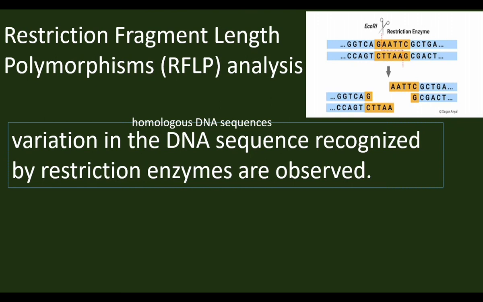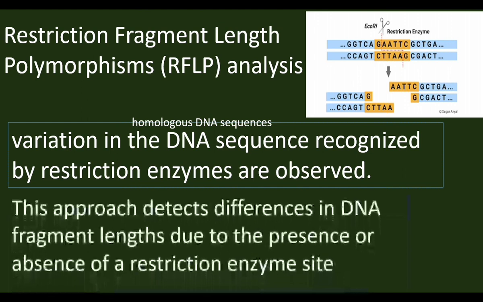If the restriction enzyme recognizes the sequence, the DNA will be cut, so the length will be changed. If the restriction enzyme does not recognize the DNA sequence, the DNA will not be cut. This approach detects differences in the DNA fragment length due to the presence or absence of a restriction enzyme site.